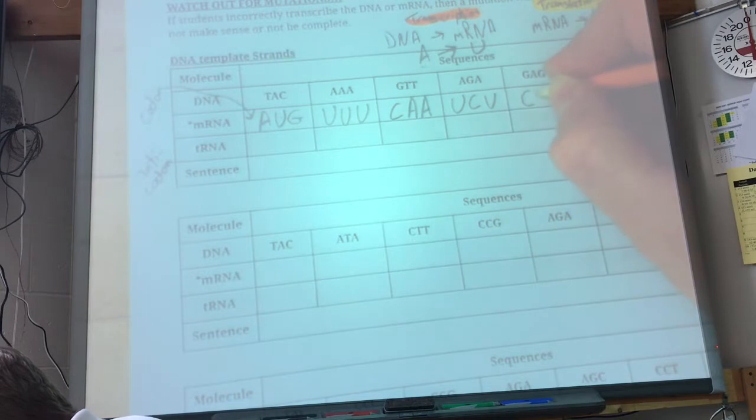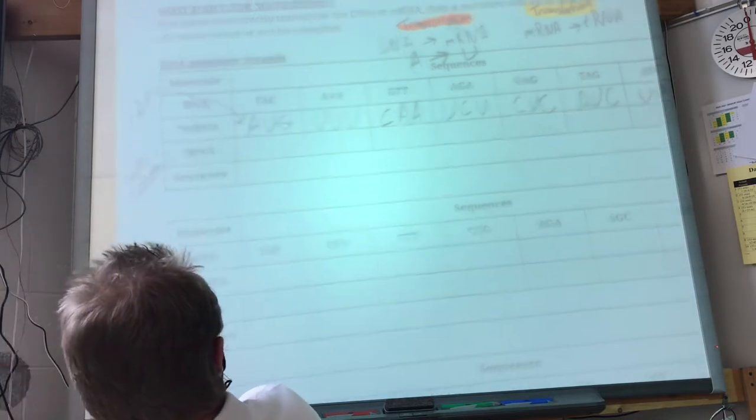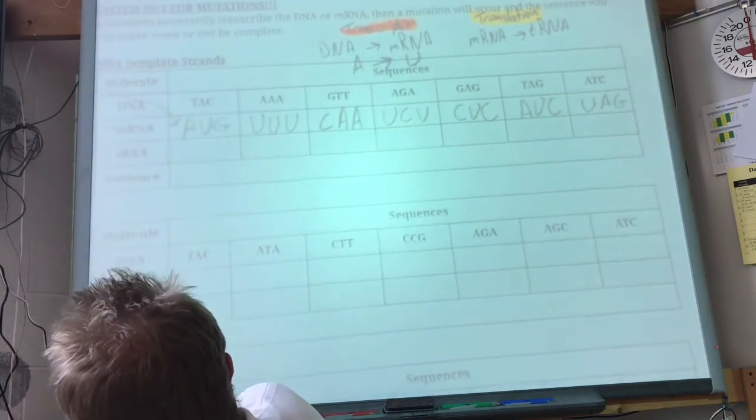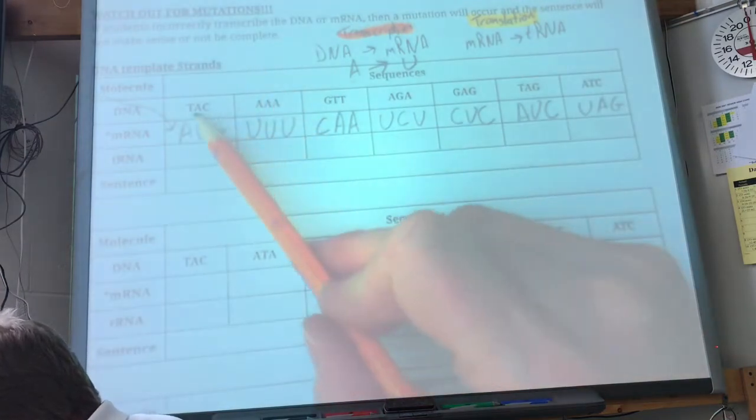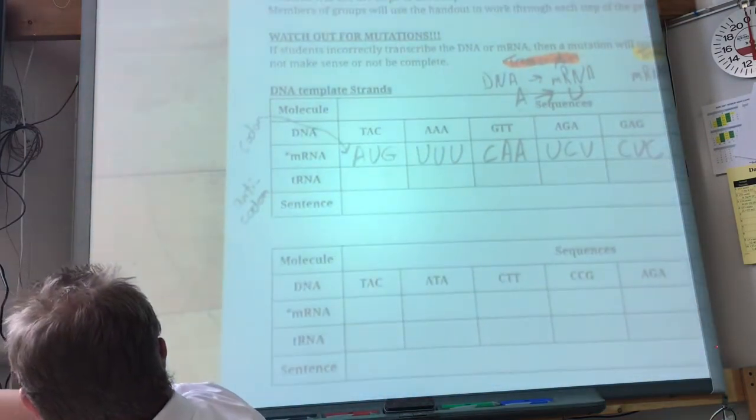C, U, what? CUC, yep. TAG, what was the first letter? A. Okay, AUC, and then ATC, the complement is UAG, right? UAG. Now, these 3 letters of mRNA are referred to as something called a codon.